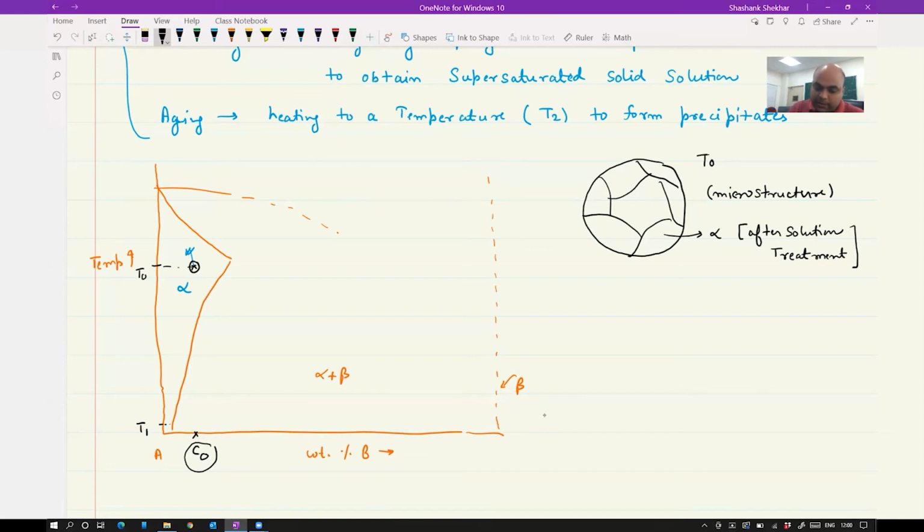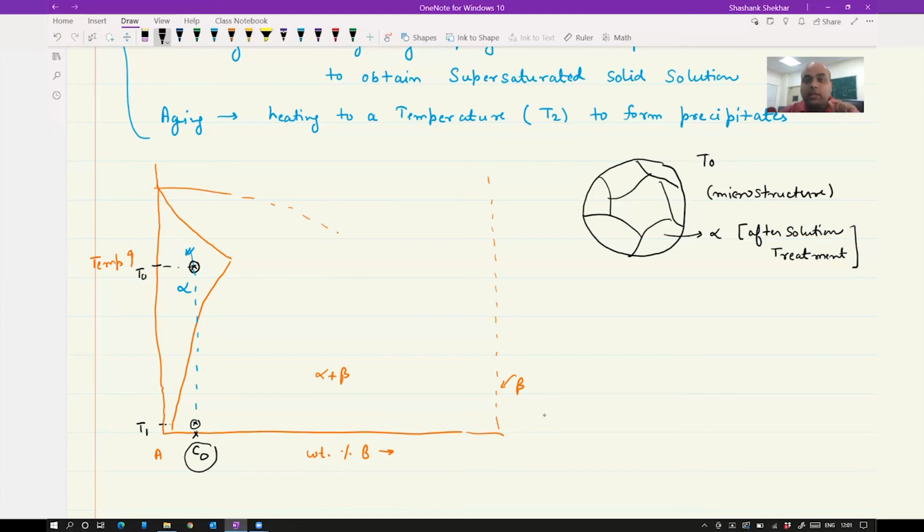So you have quenched it. This is my composition line. Let me change the color. Okay? So this is your composition line. Now, ideally, if I am using this composition, and we are at a temperature of say T1, you should form precipitates, right? Because this lies in the two phase region, alpha plus beta, isn't it?